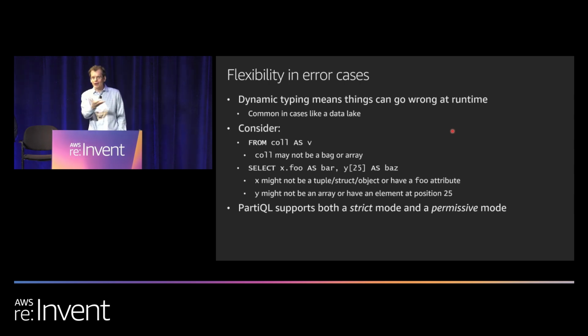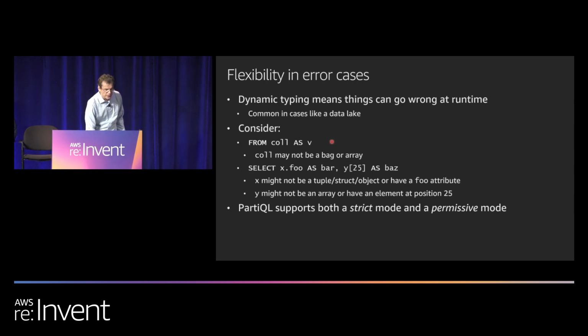A lot of our examples here are looking for numbers, the numbers that are less than 1.0. One may legitimately ask at this point, what if in the data you find something that is not a number? There are actually plenty of examples of that kind, of things that can go wrong at runtime, because we basically said we have dynamic typing here. We don't have a fixed schema.